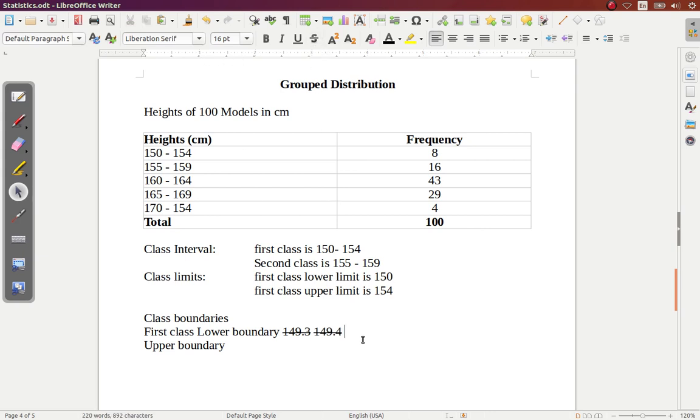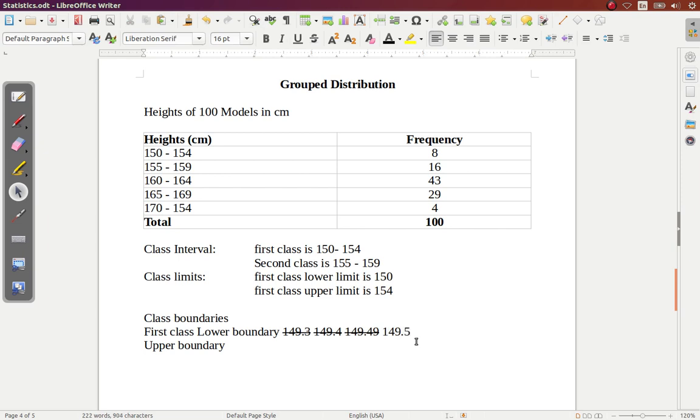Can't work. What about 149.49? Would you include this measurement in the first class? No, because this would be rounded back down to 149. So I strike this out. Can't work.